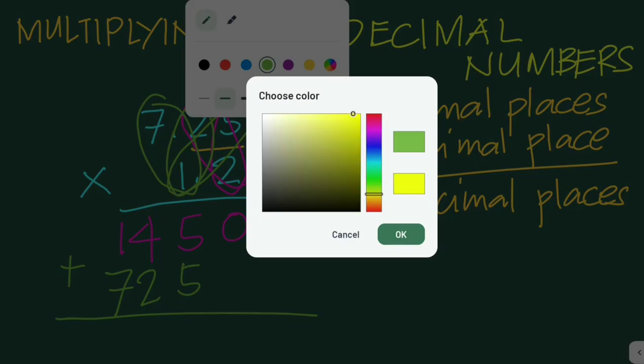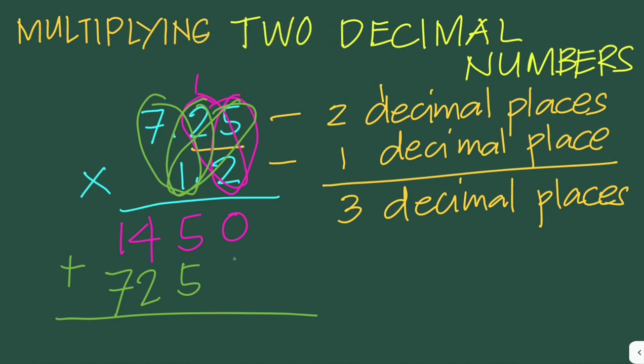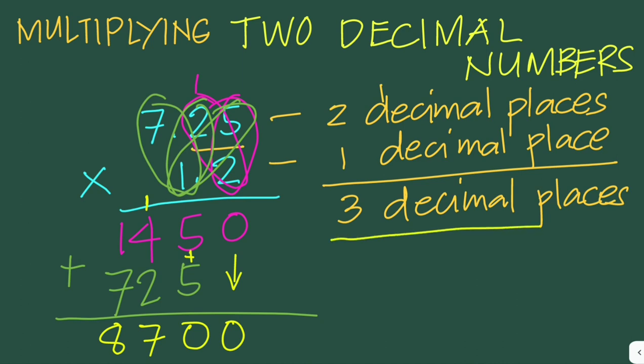Okay. There's nothing to add to 0 here, so we just bring down 0. Then 5 plus 5 is 10. Carry 1. 1 plus 4 plus 2 is 7. Then 1 plus 7 is 8. Alright, since we have a total of 3 decimal places, then we count 3. 1, 2, 3. So the decimal point would be in between 8 and 7.